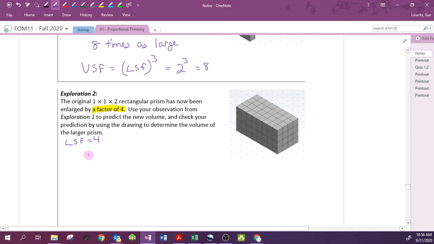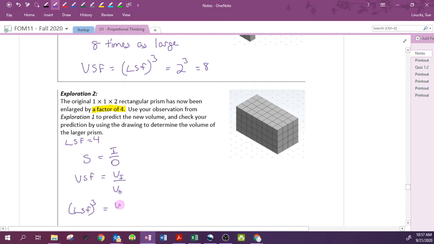We know that scale equals the image over the original. And the scale needs to be a volume scale factor. So it's the volume of the image over the volume of the original. Let's just write that formula up, okay? And the volume scale factor is the linear scale factor cubed.